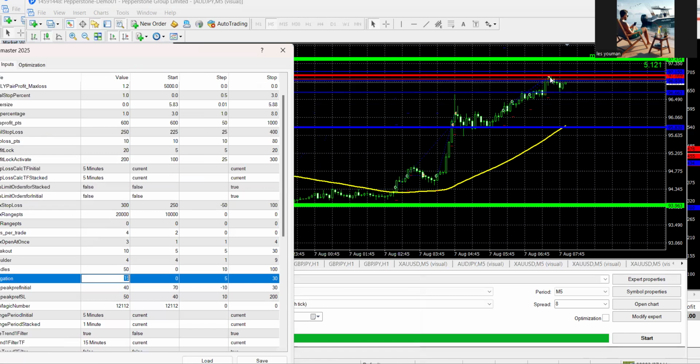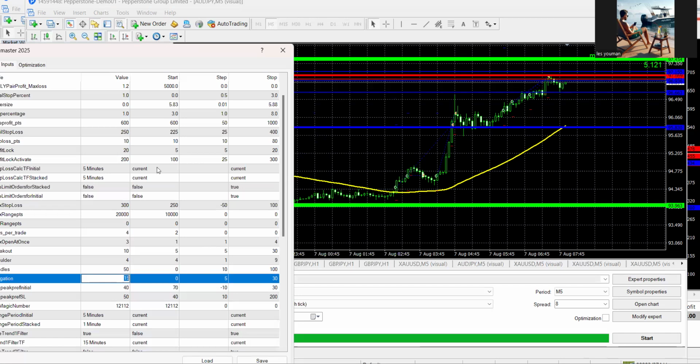It's going to use the highest one as long as it's no more than 40 points higher. So if there's a huge big jump up, it's not going to use the one that's heaps higher.